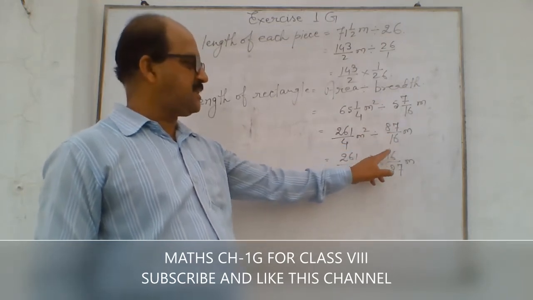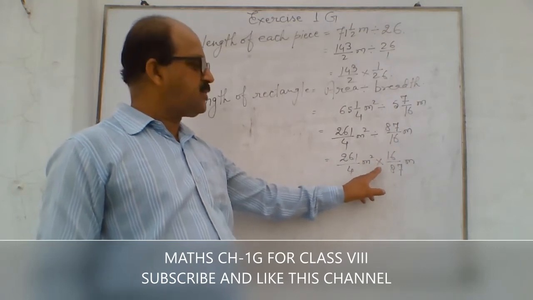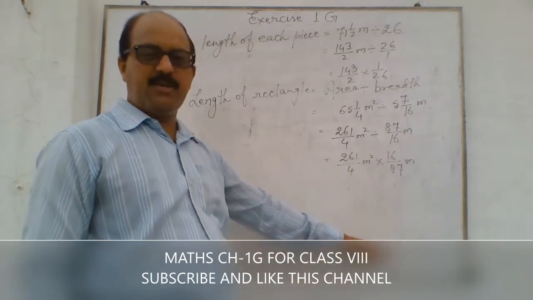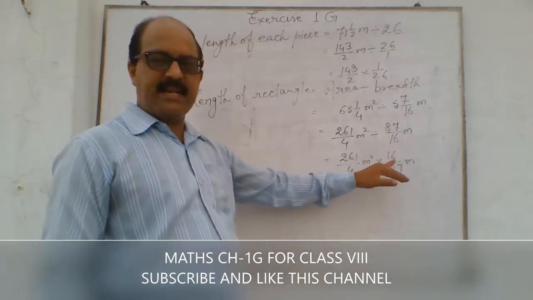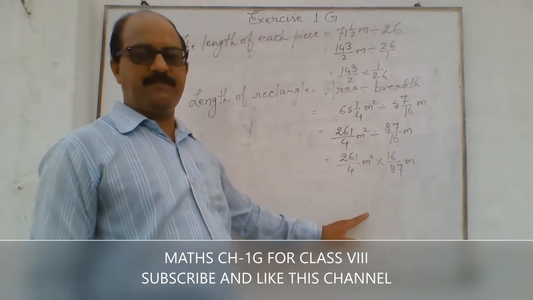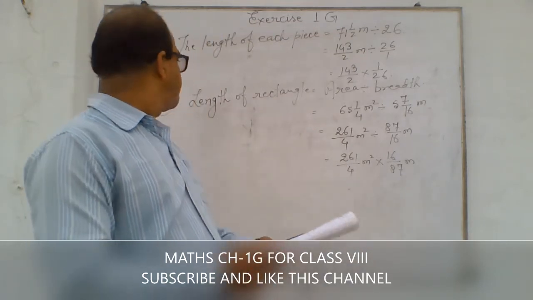So 87 by 16 here will be written as 16 by 87, and you will solve it. From here you have to cancel and simplify it, and you will get the answer.